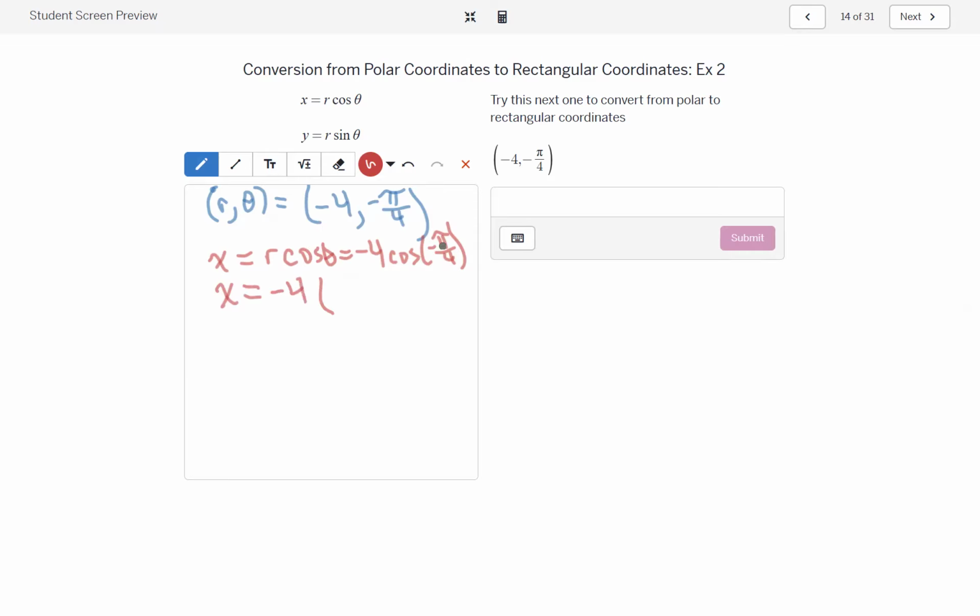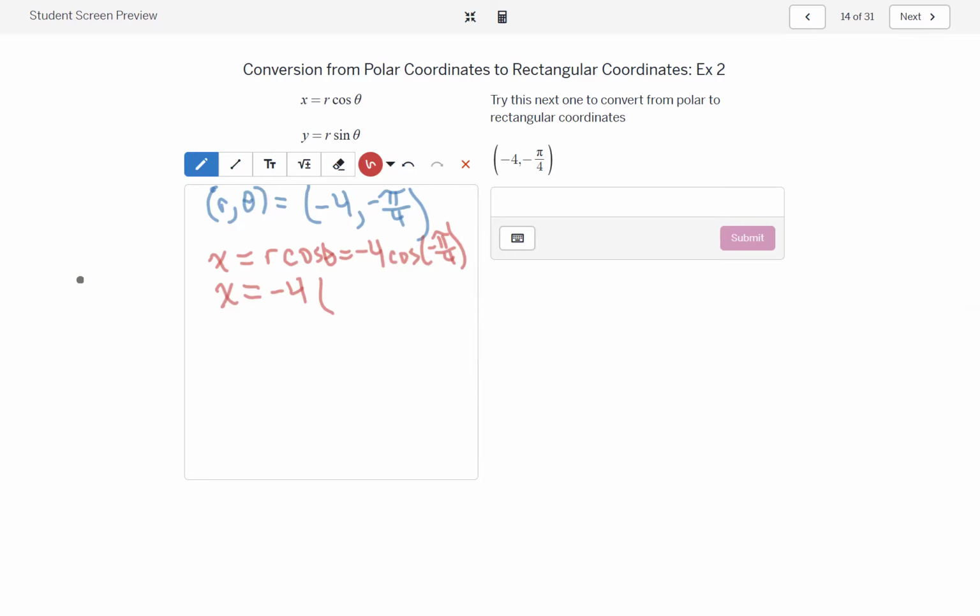If I go look on the unit circle, -pi/4 isn't technically one of the unit circle angles. It's coterminal with one, but it's not on there. So if you don't remember exactly what this is, just type in cosine of -pi/4 on your calculator. Some of your calculators will spit out square root of 2/2, but the stupider calculators will spit out 0.707.